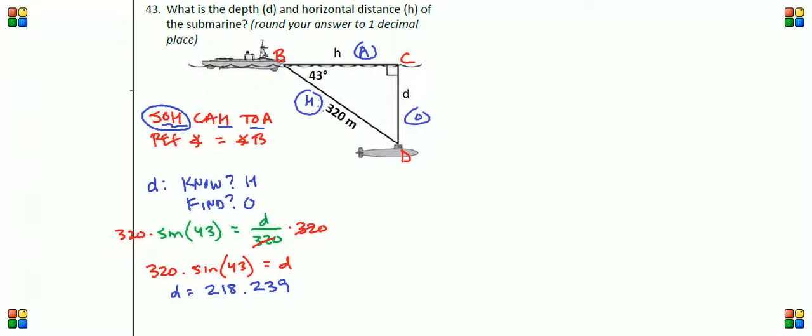Take a look at our unit of measure. It's meters. So our first answer, for letter D, is 218.239 meters. In the next video, we'll go ahead and solve for the length of side H.